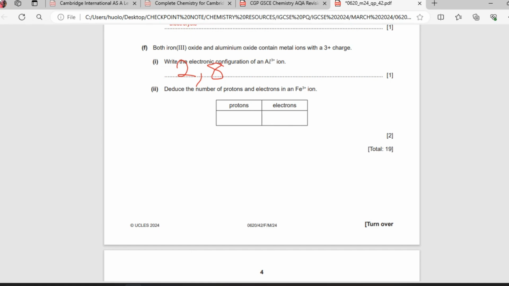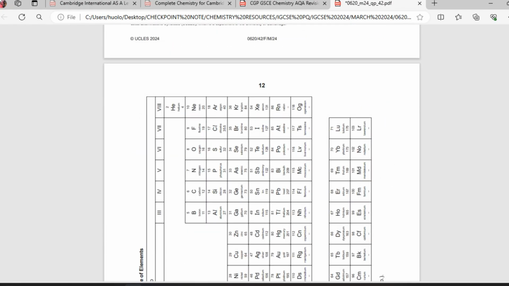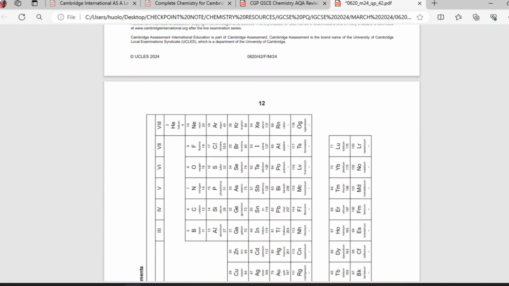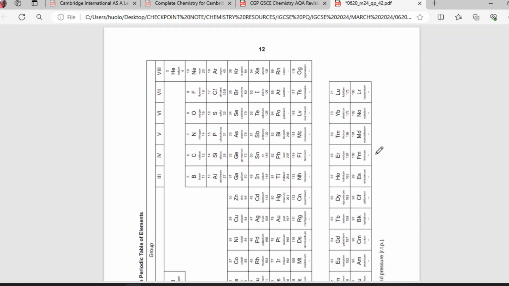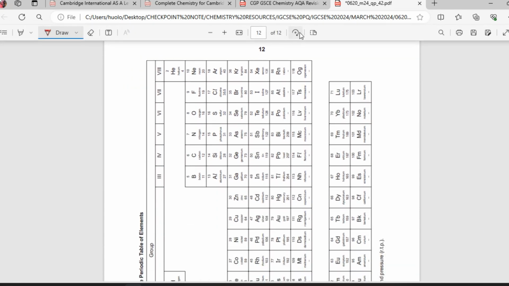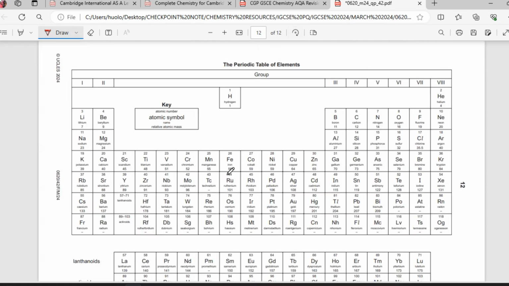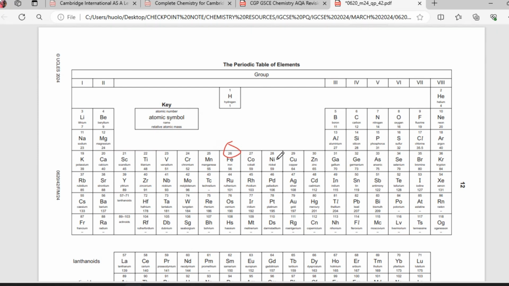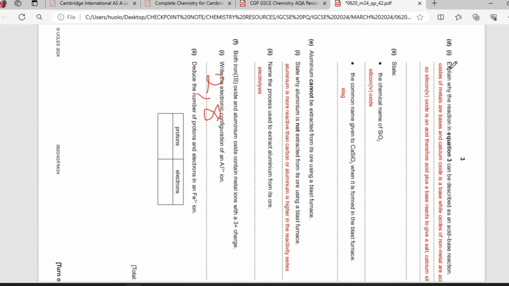Deduce the number of protons and electrons in the iron 3 ion. If you go to the periodic table, you'll find that the element is number 26, so it means it has 26 protons. So this is the ion you are looking at: 26, so it has 26 protons. Okay, so let's go back to our question.